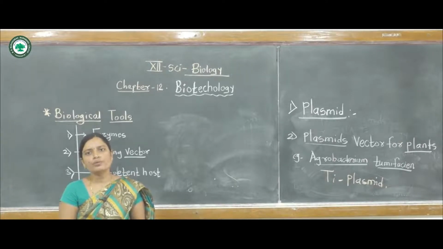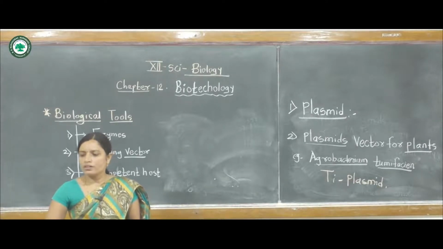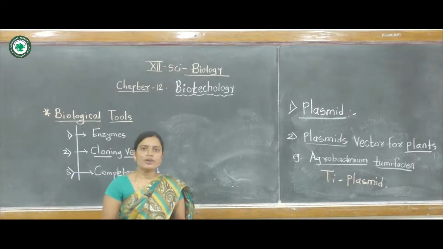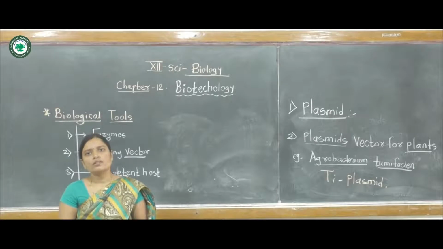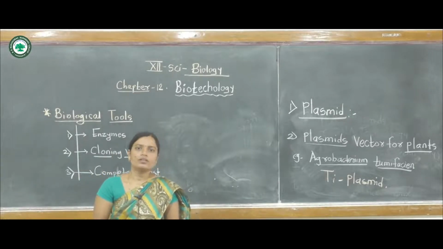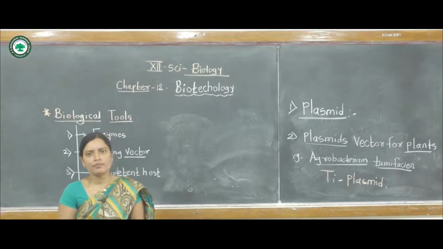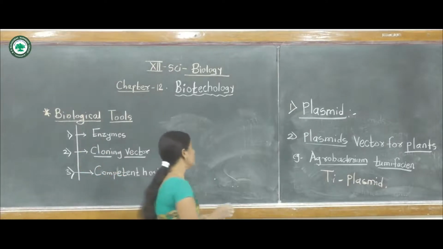In the gene cloning process, this Ti plasmid is very important because it can introduce genes from one bacterium, like Rhizobium. This other bacterium has an important gene, the nitrogen fixing NIF gene.